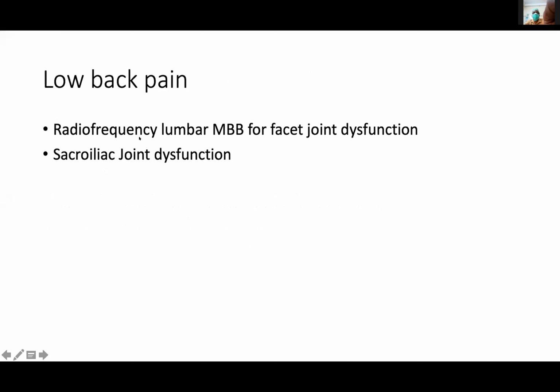In low back pain, usually it's not only the sciatica or the disc bulge. In most, about 40% of the cases of low back pain, they are due to either facet joint dysfunction or sacroiliac joint dysfunction. In both the conditions, radiofrequency thermocoagulation has been quite helpful in relieving the pain.